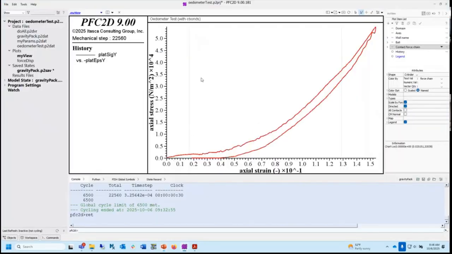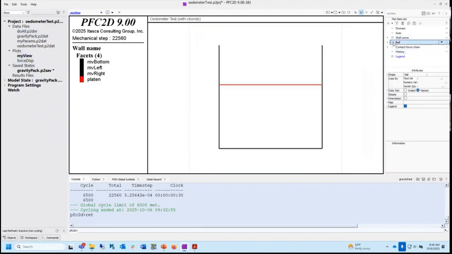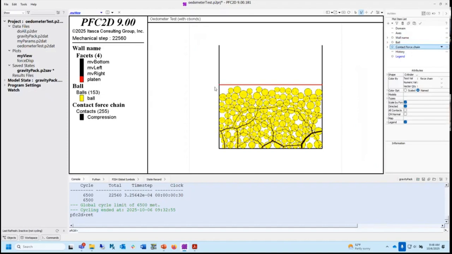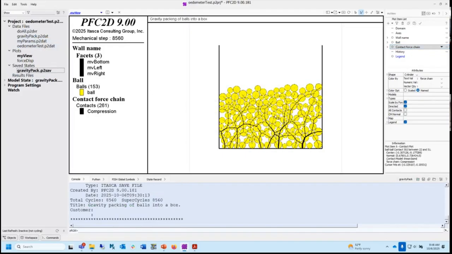So we're going to go back to this. So here's our system. What do we have to do to bond it? We're going to go after the gravity pack. That's the save file. Now they're just sitting there. They're granular.